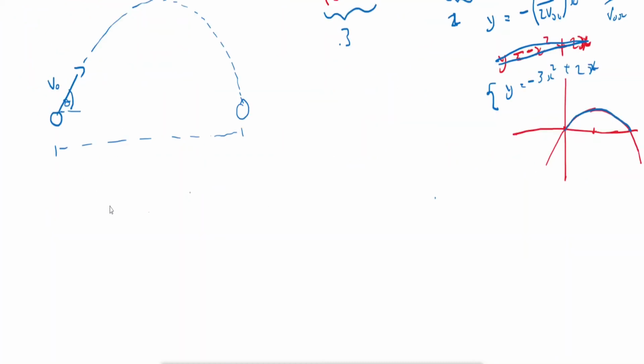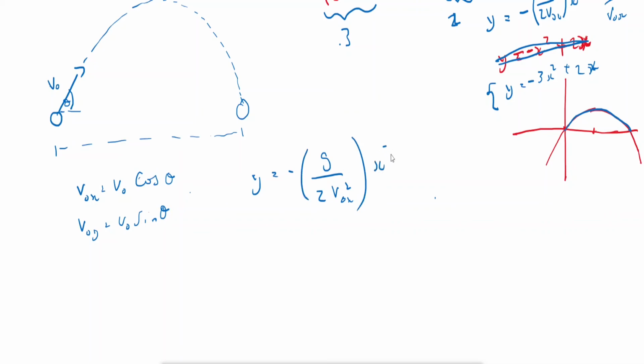All right, so let's summarize it further. Remember what I said? I said VOX is going to be VO cos of theta. And then VOY is going to be VO sine of theta. So what does this mean? So I have an equation that says this minus g over 2 VOX squared, right? Everything is going to be x squared plus VOY over VOX times x, not squared, just x.